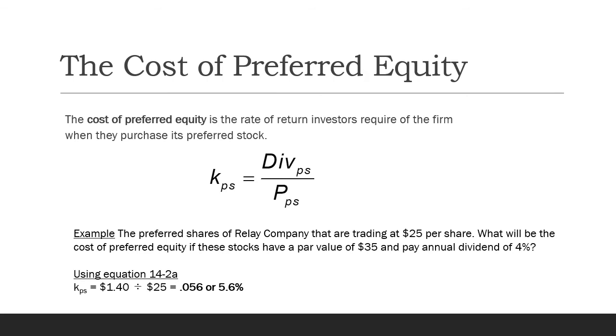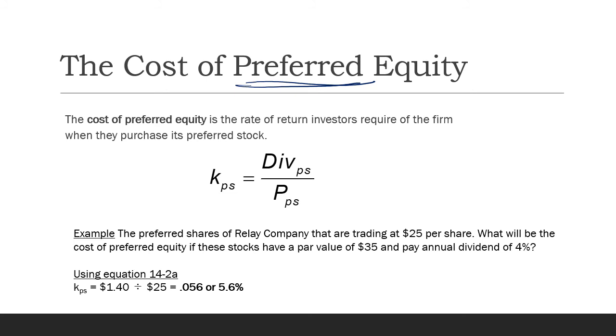Okay, here is how you calculate the cost of preferred equity. If you remember, in the previous chapter on stock valuation, we discussed how to calculate the valuation of stock, one of which is the preferred stock.